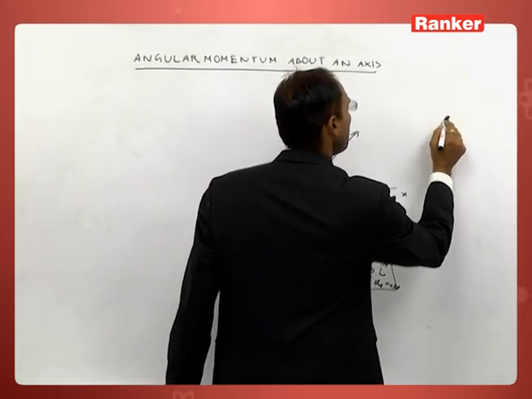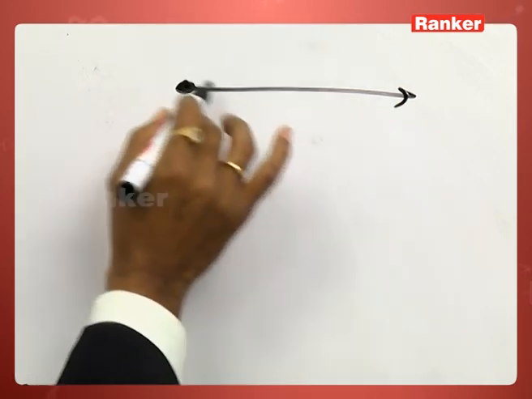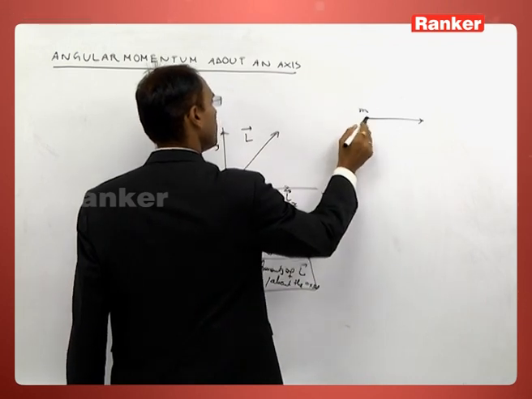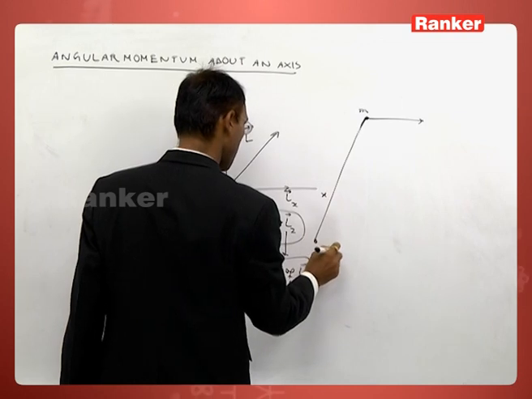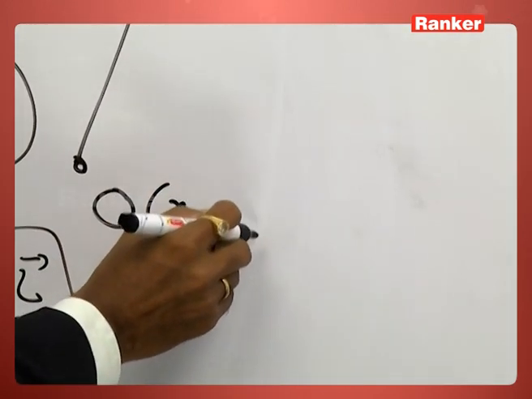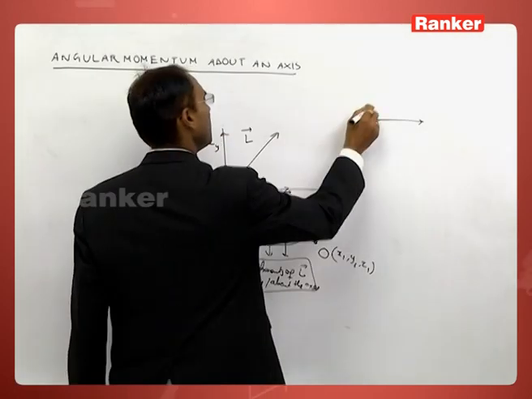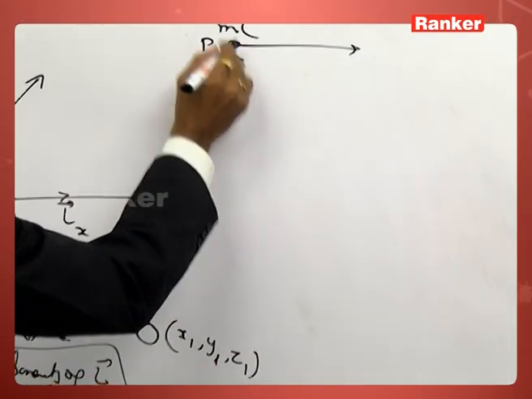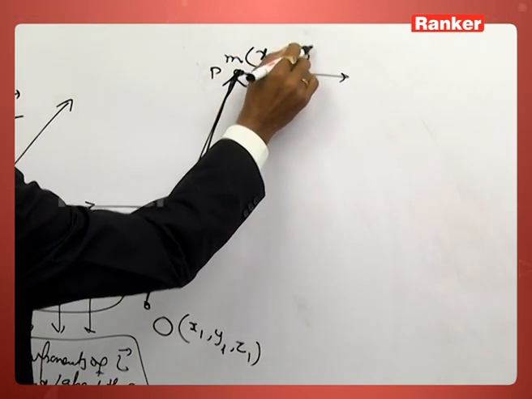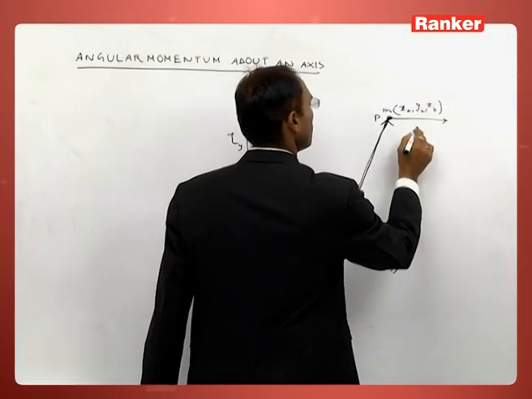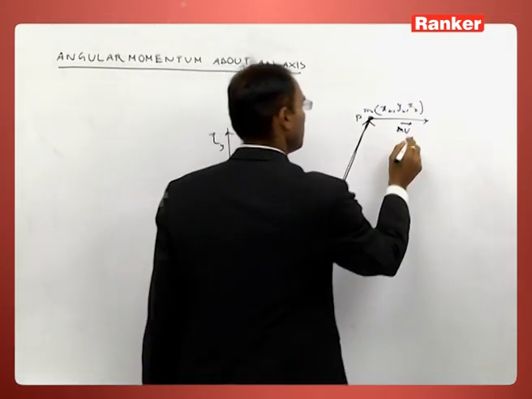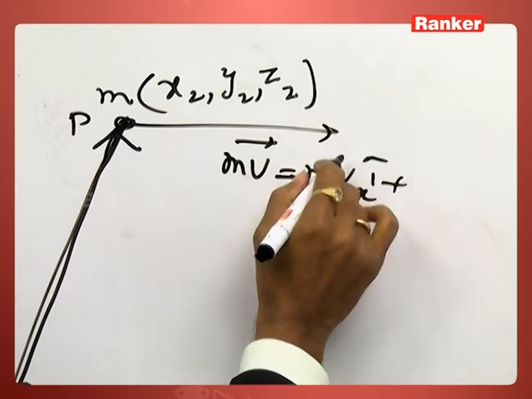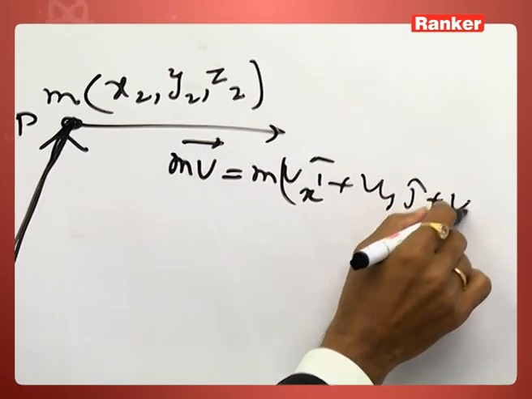When you take the angular momentum of the particle with respect to the reference point, let the reference point have the coordinates x1, y1 and z1, and coordinates of this point mass be x2, y2, z2, and the linear momentum be mv, which can be split into components mvx i cap plus mvy j cap plus mvz k cap.